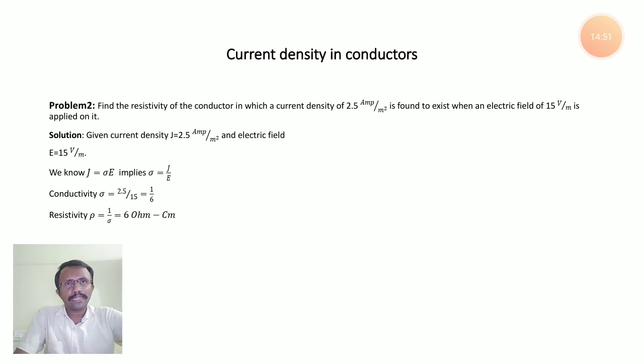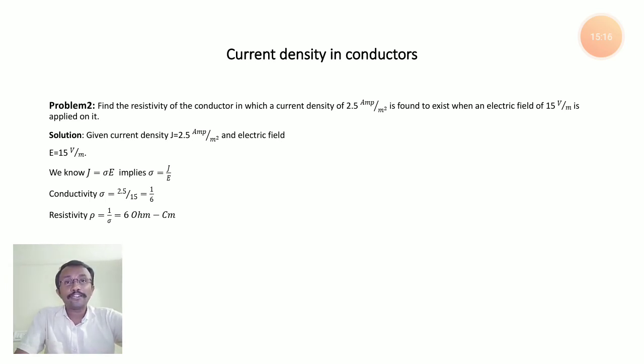The given things are current density J and applied electric field E. Already we know when electric field and current density are given, how to calculate conductivity. We know J is equal to sigma times E, where sigma is equal to J by E. So J is known, E is known, you can easily calculate conductivity.